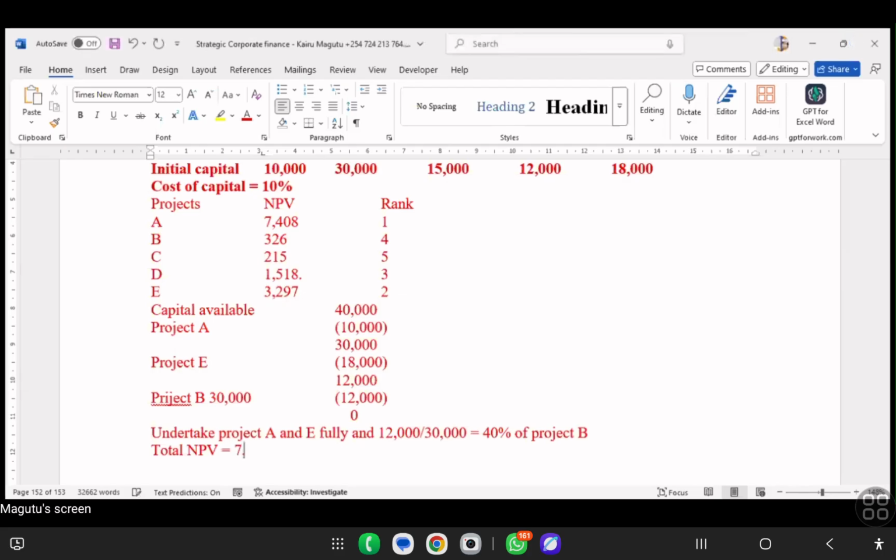NPV for A is 7,408 plus we undertake project E fully, 3,297, plus 40% multiplied by B. B is how much? 326.